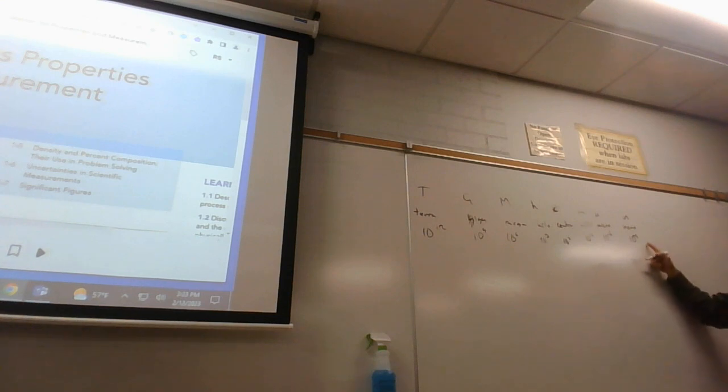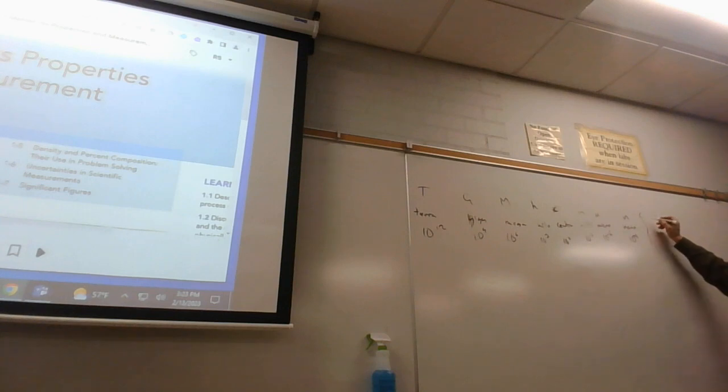And then there's going to be an odd one that's inserted here. These are for any base unit or any derived unit. This one is only for length, and that's the angstrom. The angstrom is defined as 10 to the minus 10 meters.